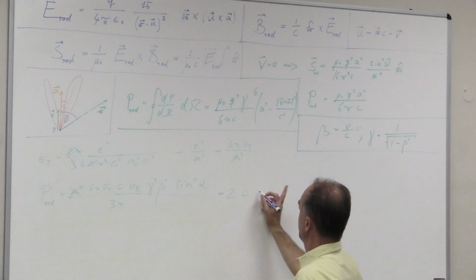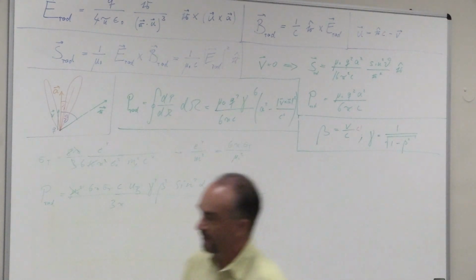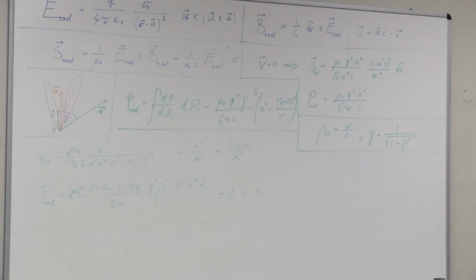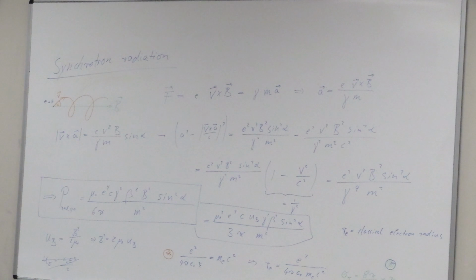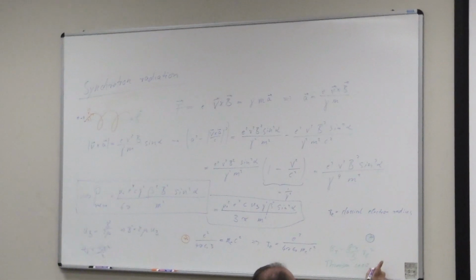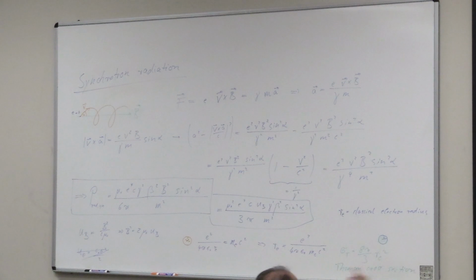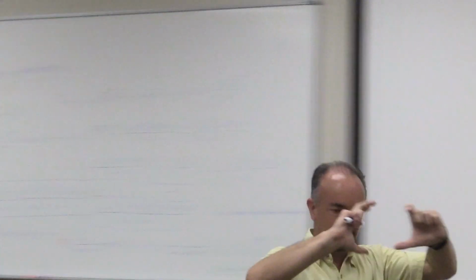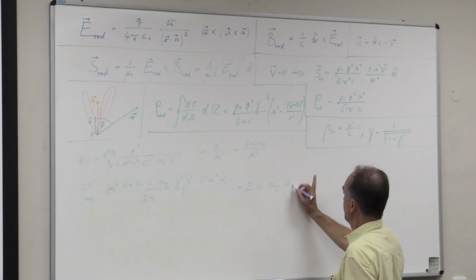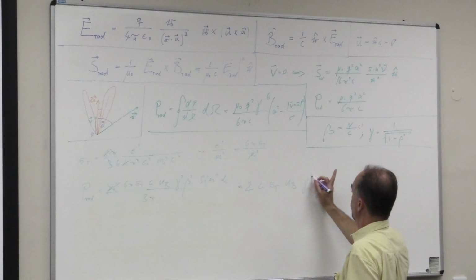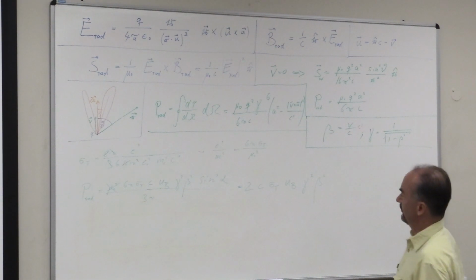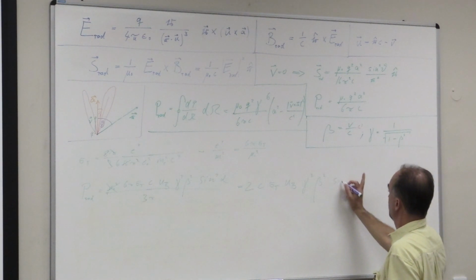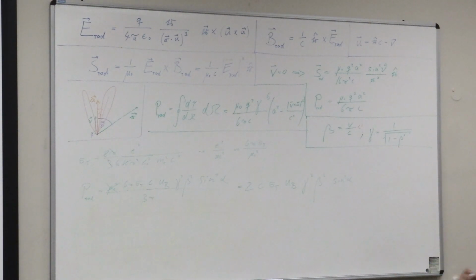It's just 2c times the Thomson cross-section. I should start out by saying what this is. This is called the Thomson cross-section, the characteristic cross-section for all electromagnetic processes for the electron, times energy density in the magnetic field, Lorentz factor squared, normalized velocity squared, times sine squared alpha.